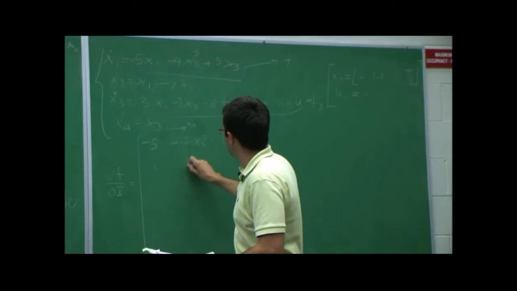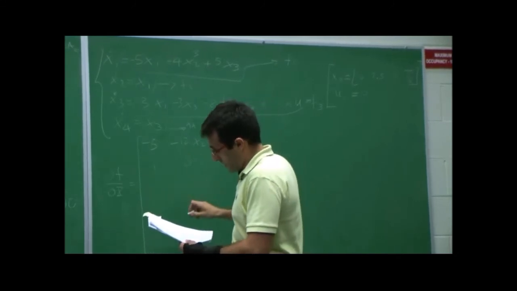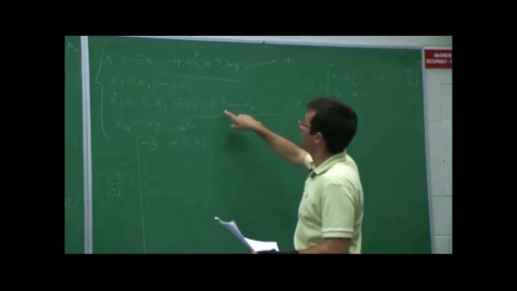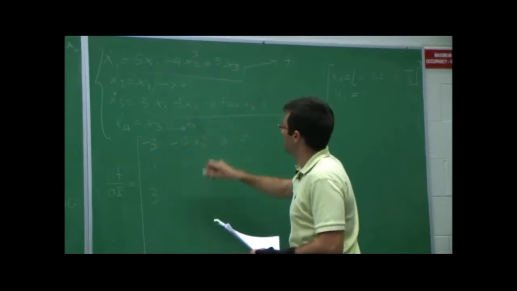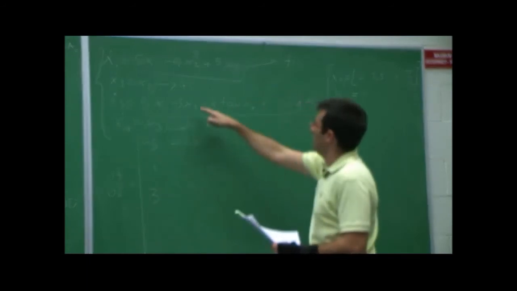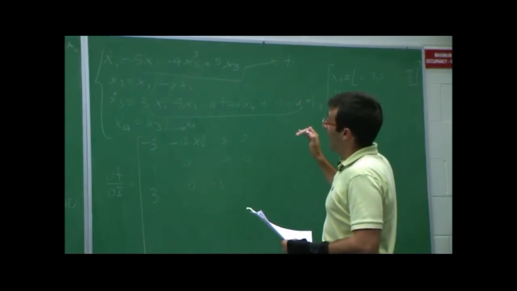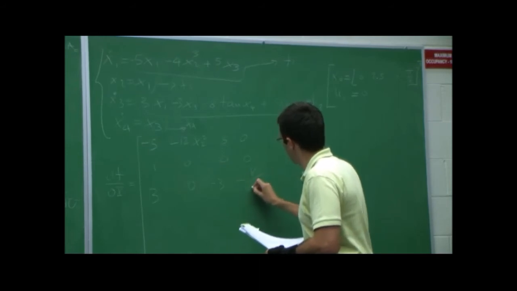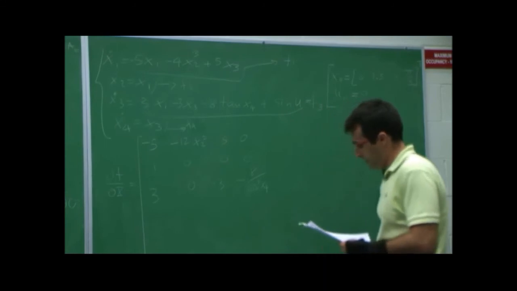It is 1, 0, 0, 0. The third one, F3, partial with respect to x1, it's 3. x2, nothing, it doesn't appear. x3 is a minus 3. This, I'm sure we all remember what it is: 1 over cosine squared of x4.